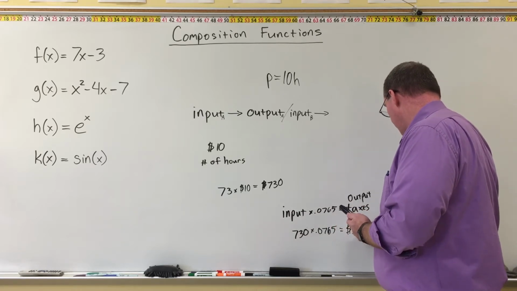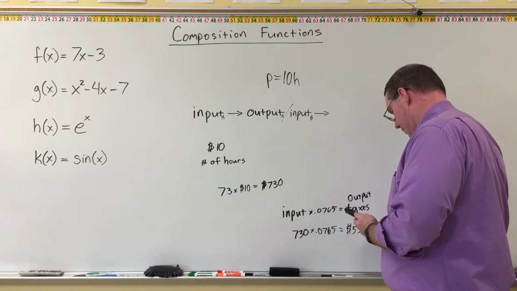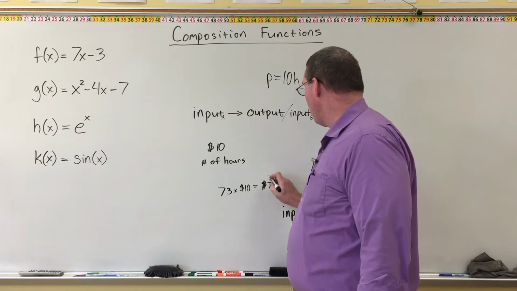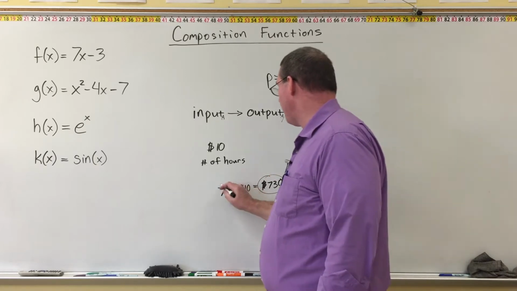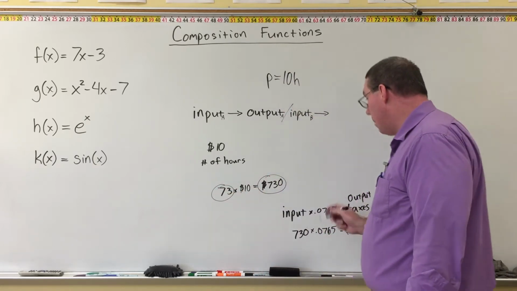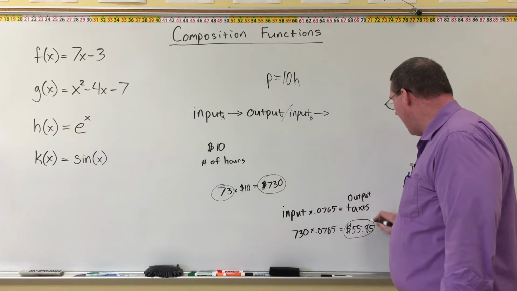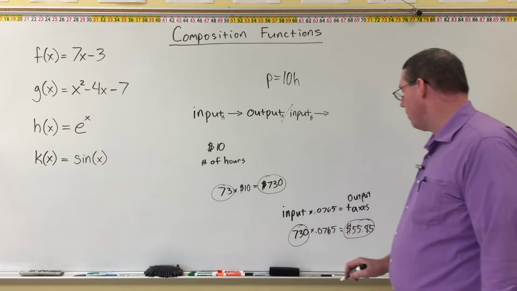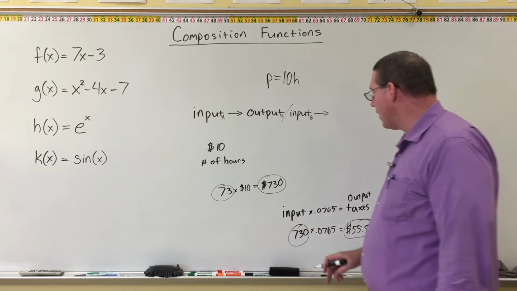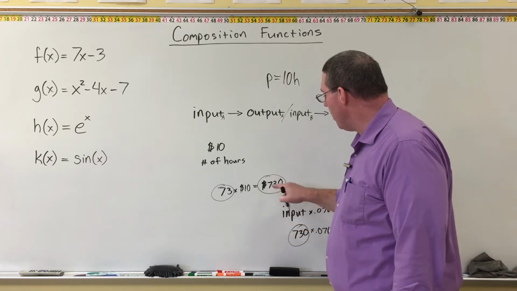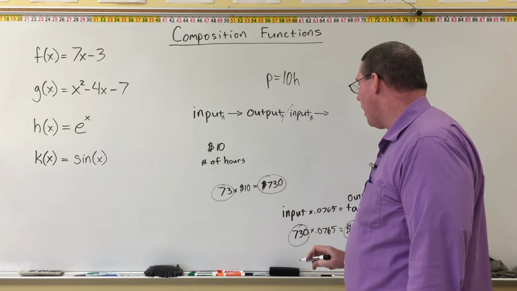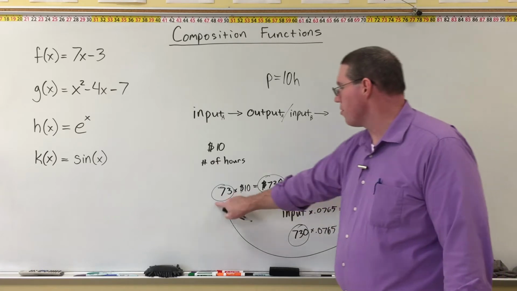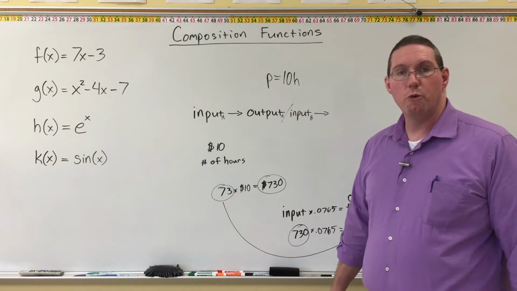Here's what I'm saying: the amount of money you earn is a function of how many hours you work, but the amount of money you pay in taxes is a function of how much money you earned. So we can actually skip over the money earned step and say that the amount of taxes you pay is the result of how many hours you work.